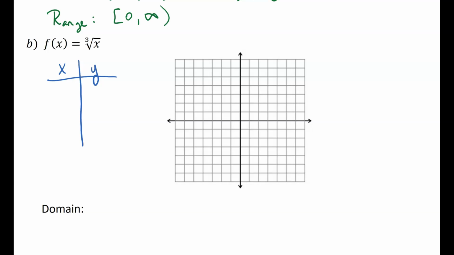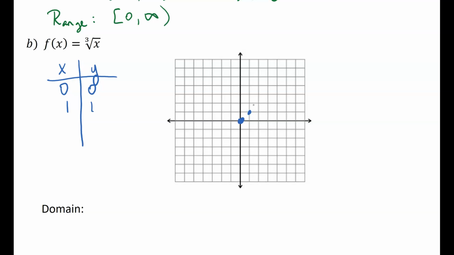So for our cube root, what are some good values of x to plug in here? 0, always a good one. And the cube root of 0 is 0, so we'll put that in, plot that there. Okay, what else would be a good one? 1. The cube root of 1 is 1.